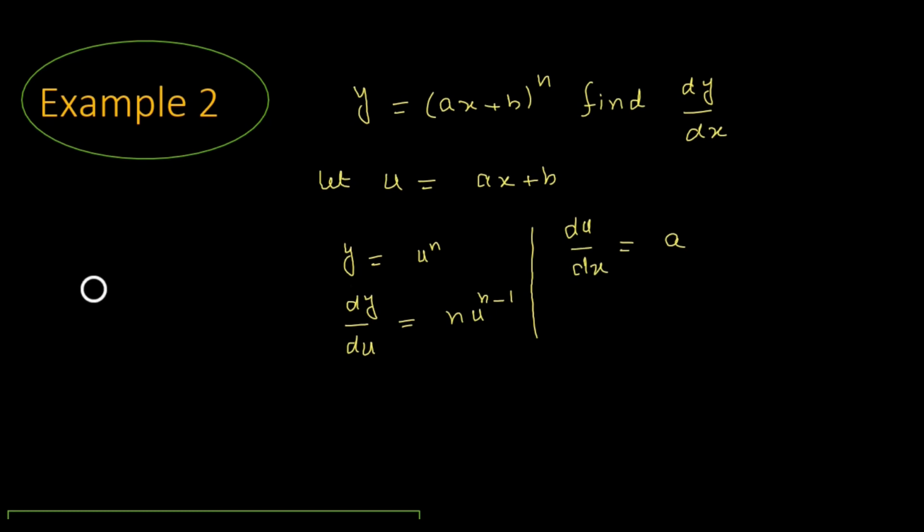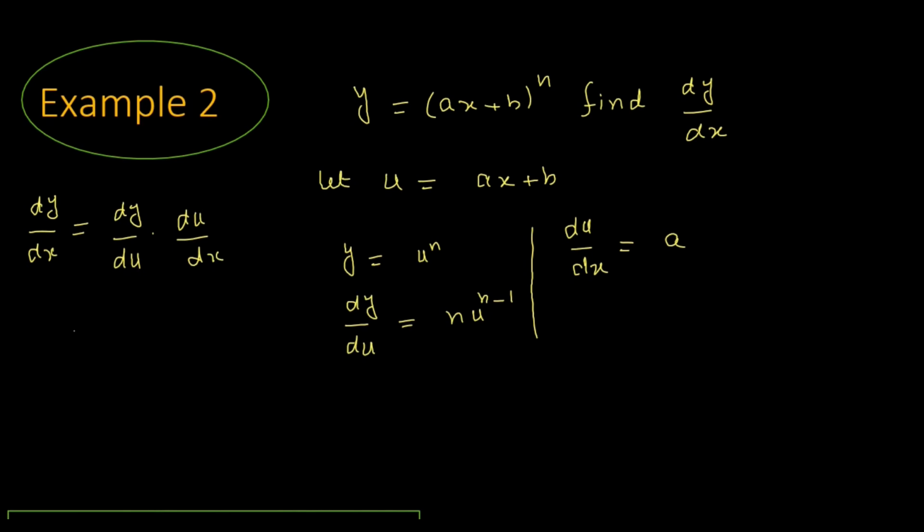Now we apply the chain rule. The chain rule is dy by dx, which is equal to dy by du times du over dx.